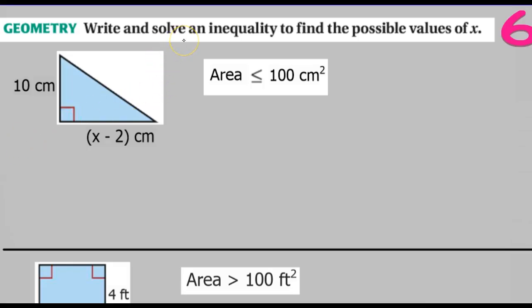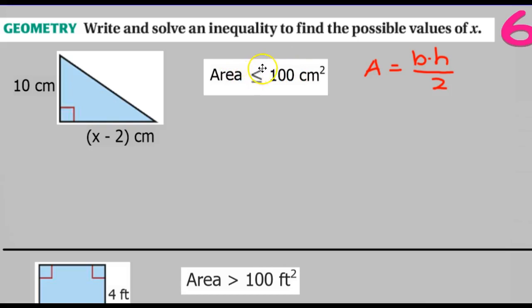Alright, now we are going to write and solve an inequality to find the possible values of x when we're dealing with area. What we're given is a triangle. The area of a triangle is A equals base times height divided by 2. What we need to figure out is how we can put this into an inequality. We're going to use the numbers that we're given.